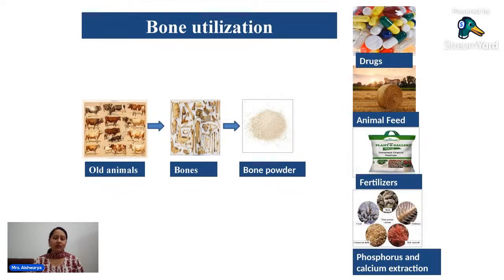And the next one is our fertilizers. The bone powder is utilized in fertilizer production as well, and direct extraction is done from waste bones, and the powder extraction is done for agricultural waste management.